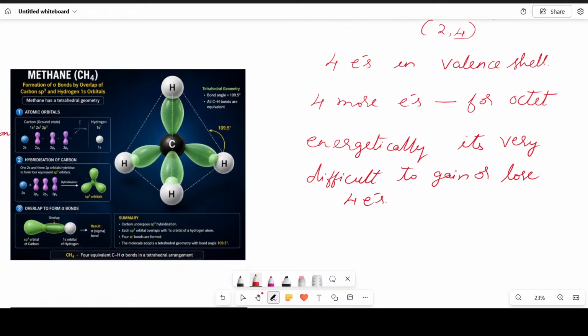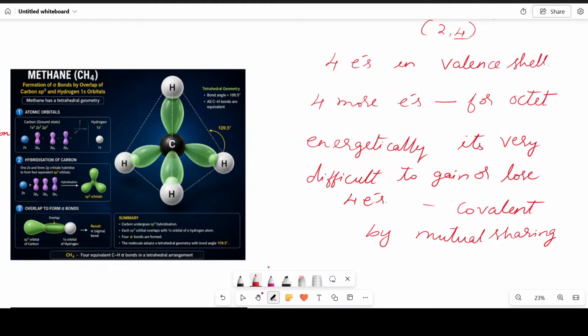It forms covalent bonds by mutual sharing. So much is clear? So this carbon is always tetravalent and it forms 4 covalent bonds.